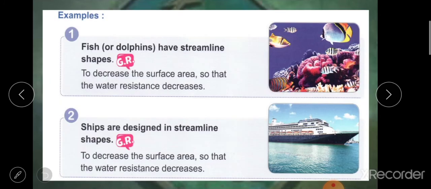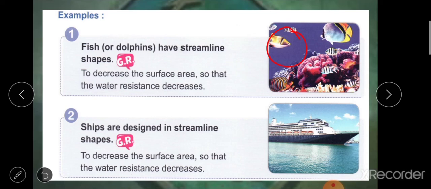Okay, as we said here, the fish or the dolphins have a streamline shape. Why do they have a streamline shape? A streamline shape means I decrease the surface area. I made it smaller, so the water resistance decreases and the speed will increase. Take care in this question.